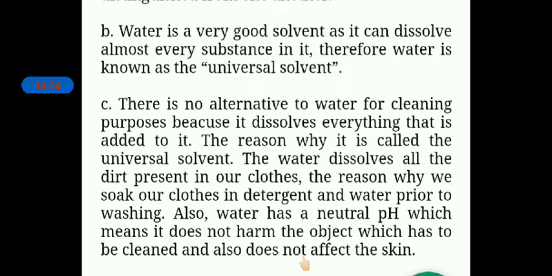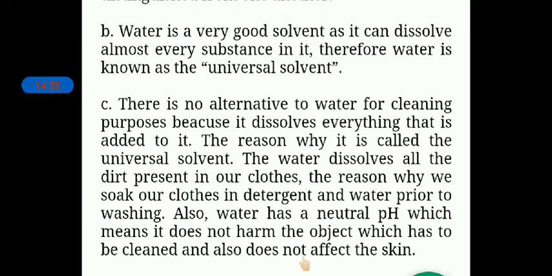The reason why we soak our cloth in detergent and water prior to washing. Also, water has a neutral pH, which means it does not harm the object which has to be cleaned and also does not affect the skin. Because of its pH value it will not harm the cloth or our skin.